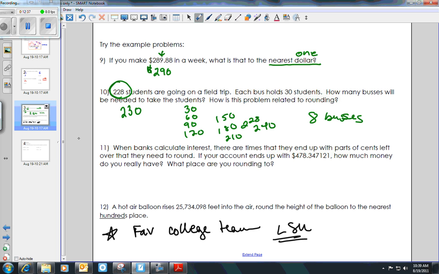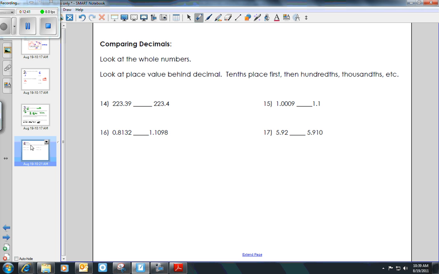And now we're going to go on to the last page of your notes where we are comparing the decimals. When you're comparing two decimals to find out which one is bigger, you're going to look at the whole numbers first. So if I look at these two whole numbers in number 14, I see I've got 223 and 223. Okay, so those are the same. That's not going to tell me which one is bigger. So now I have to look at the place values behind the decimal.